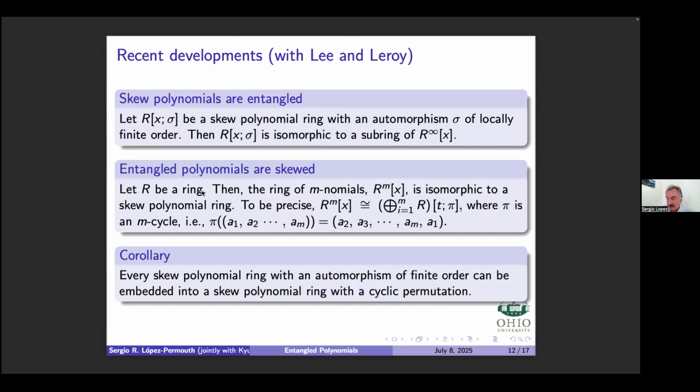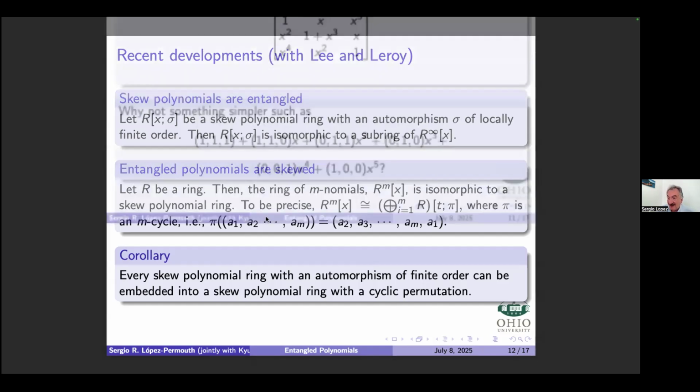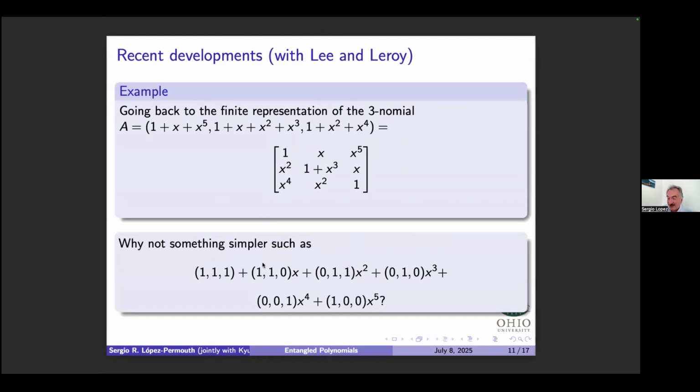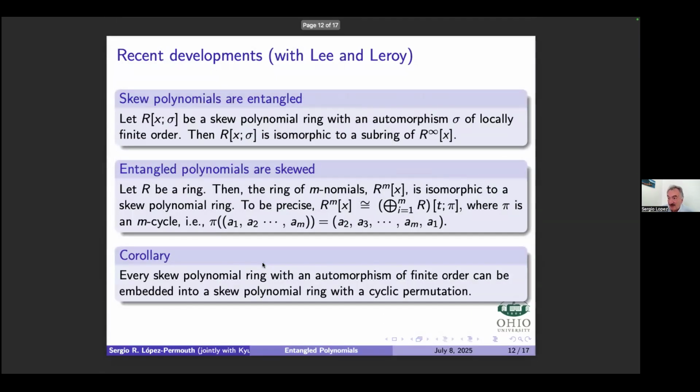In fact, this previous relationship here is an isomorphism. So the m-nomials can be thought of as polynomials with coefficients which are vectors, and there is an automorphism, and the automorphism is just an M cycle.